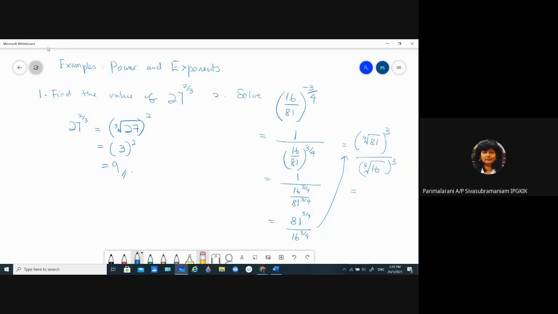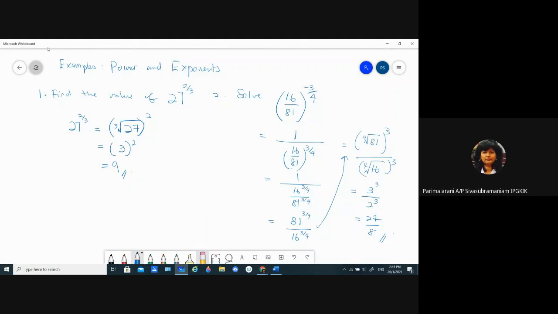What is the fourth root of 81? What number 4 times will give you 81? 3, right? 3 times 3 times 3 times 3 is 81. So this is 3 cubed over the fourth root of 16, which is 2 cubed. Solving this, we get 27 over 8.